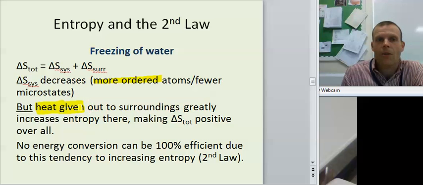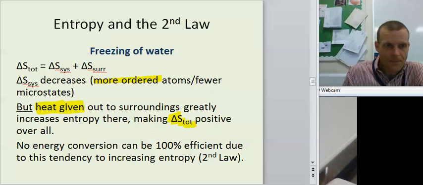Right? It's an exothermic process, which means that all that thermal energy is increasing the disorder, if you like, in the particles around. It's spreading into those new microstates, and overall we end up with a positive delta S total. So freezing of water is possible.